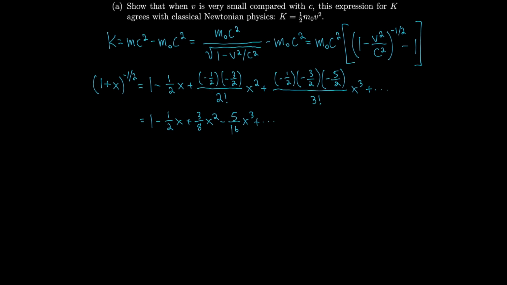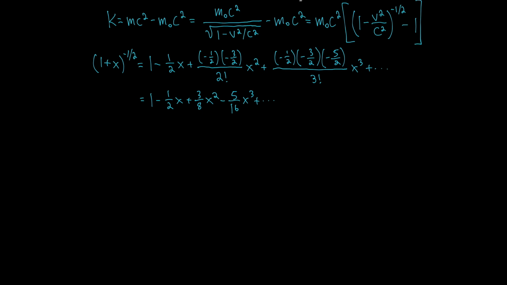So how about we now substitute in? We know that k is equal to m naught c squared times this series minus 1. So we will plug in for x, where x is going to be minus v squared over c squared, so our first minus becomes a plus.